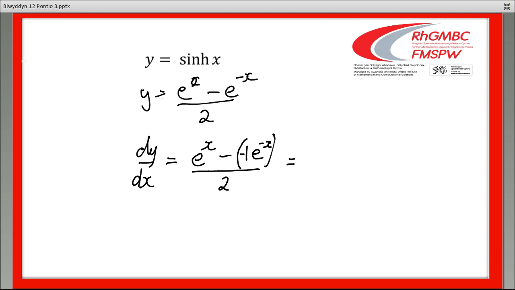So that is, in effect, e to the x plus e to the minus x divided by 2. So therefore, dy by dx is equal to cosh x.